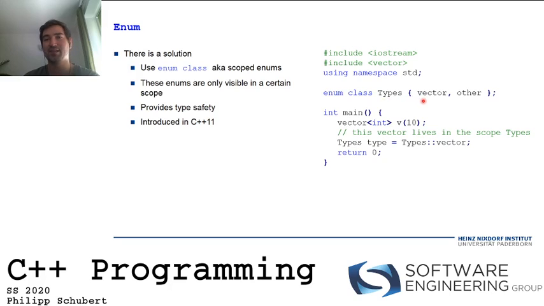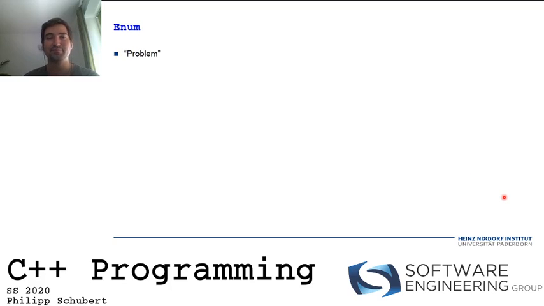You again enumerate all the states, vector and other, and then the compiler is happy even though you are using the namespace std directive here, because whenever you wish to access a state of that enumeration, you have to prefix it now with the type's name. So types::vector in particular refers to this state here, vector, which you defined in that enum. So you avoid namespace pollution and have type safety.